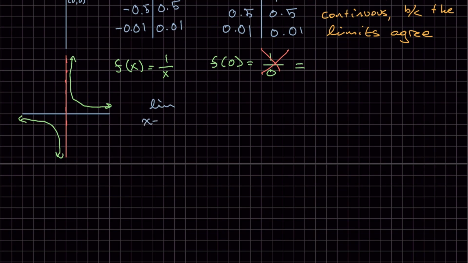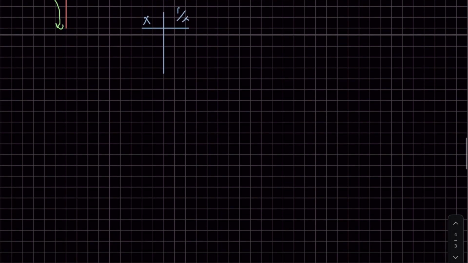Limit as x approaches 0, let's start from the left again, of 1 over x is equal to what? Well, let's again create our little chart that we had. X, 1 over x. If we do 1, then this is 1. If we do 0.1, this is 10.